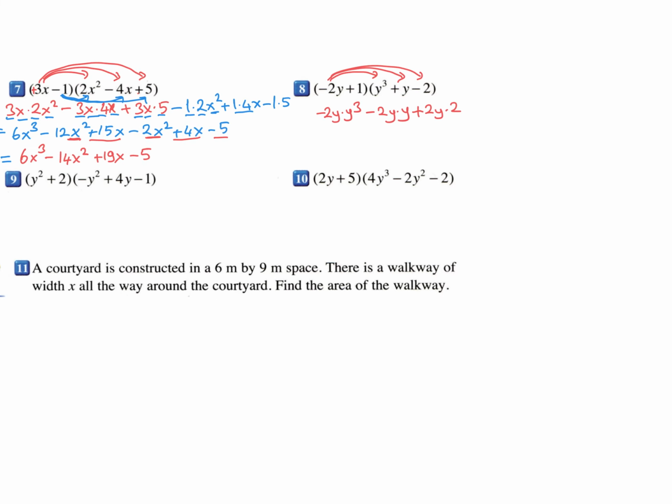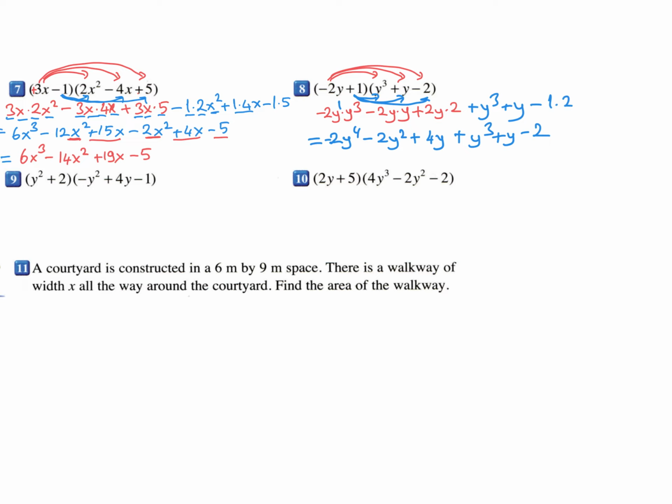And let's see the second part. 1 times y cube, it is plus y cube, 1 times y, it is plus y, 1 times minus 2, it is minus 1 times 2 you can write, or directly you can write minus 2. Let's simplify them. Minus 2y to the power of 4 because that one's power is 4, and minus 2y squared because they are 1, and the 4y will be this one, and plus y cube plus y minus 2.